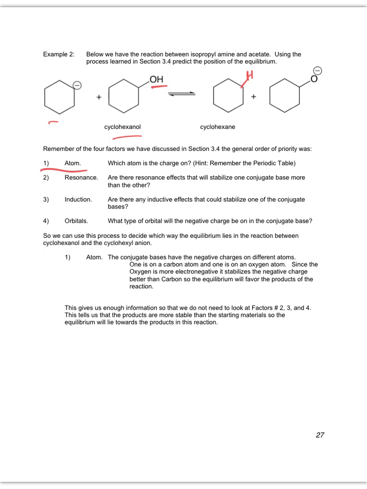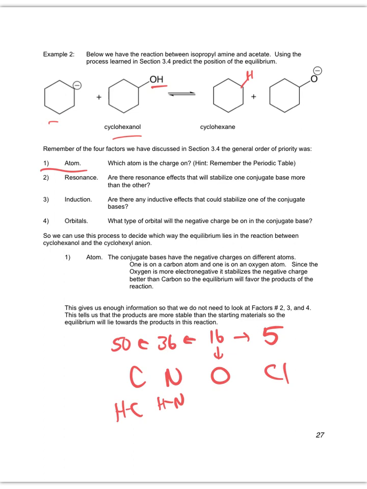And remember from the periodic table, we had carbon, nitrogen, oxygen, and then the halogen, and a hydrogen on an oxygen was 16. When we went this way, we went up, 36, 50. When we go to the right, we go down, and somewhere around -5. So a hydrogen on a carbon is 50, a hydrogen on a nitrogen is 36, a hydrogen on an oxygen is 16, and a hydrogen on a chlorine is -5.